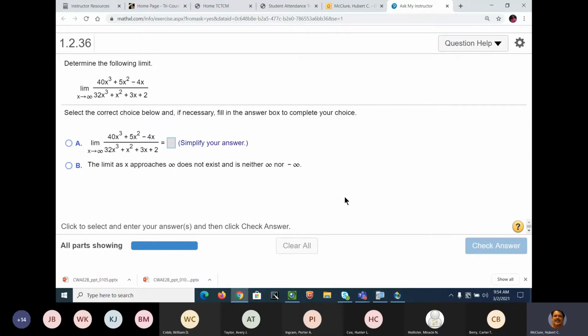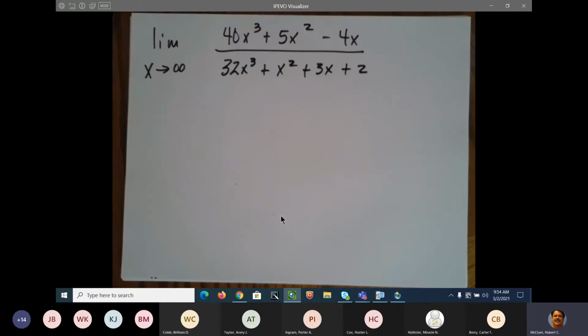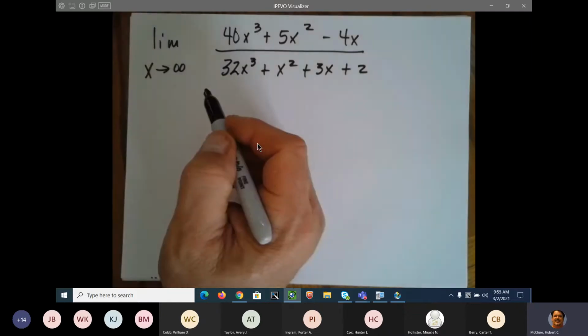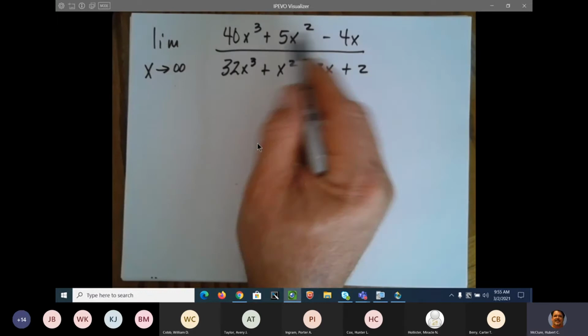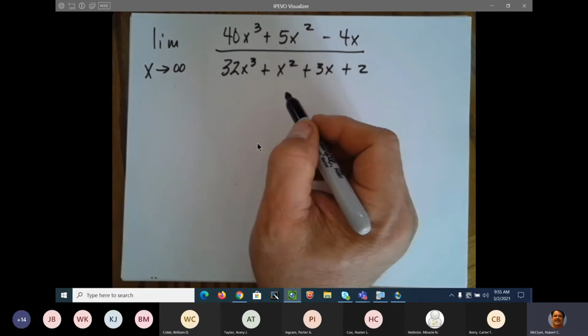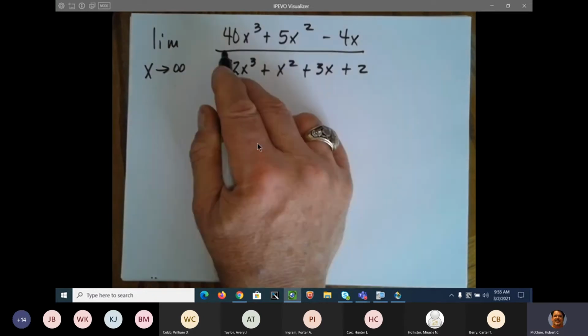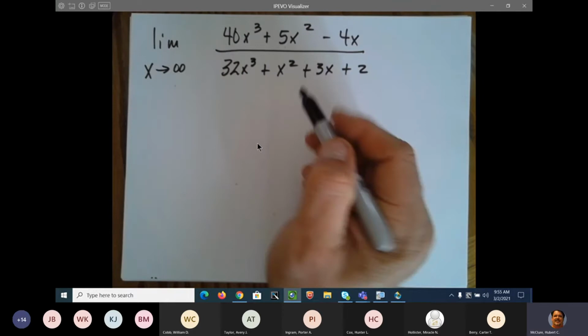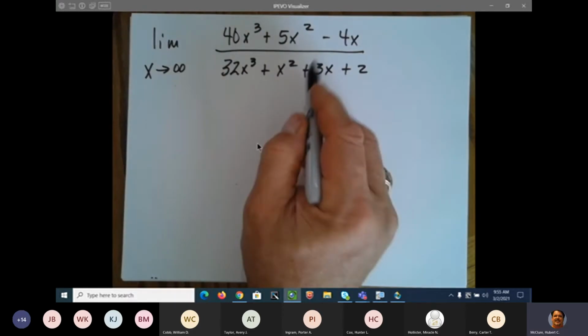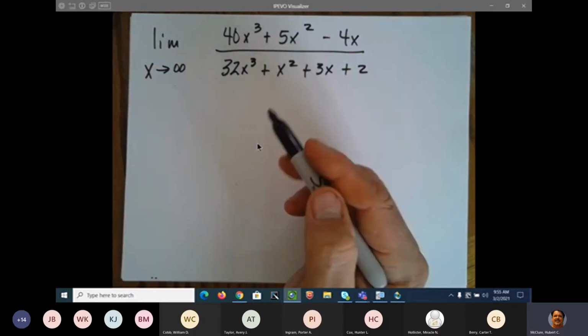Now there's two things to tell you to divide by x cubed. One, it's dealing with infinity, and two, you just got a whole mess here. You got trinomials all over the place. You got x's on all 3 terms. So this is conjunction junction, and you got an infinity right there. So I would divide through by x cubed.